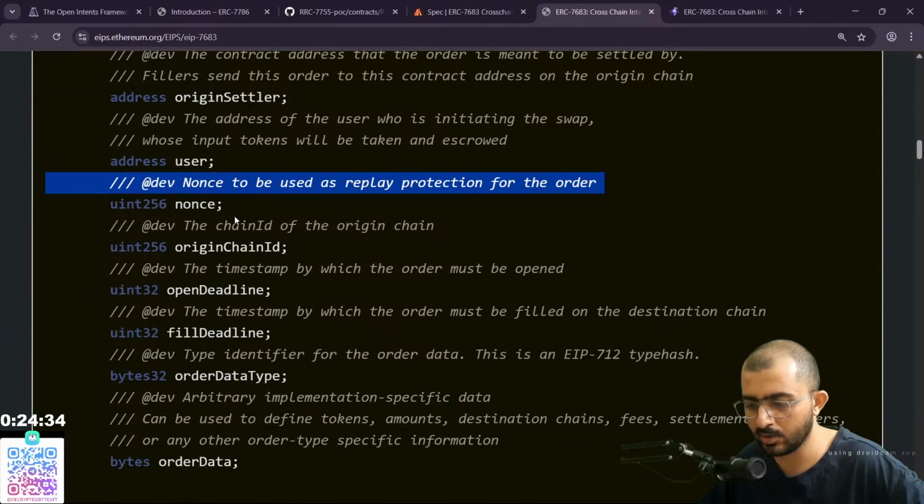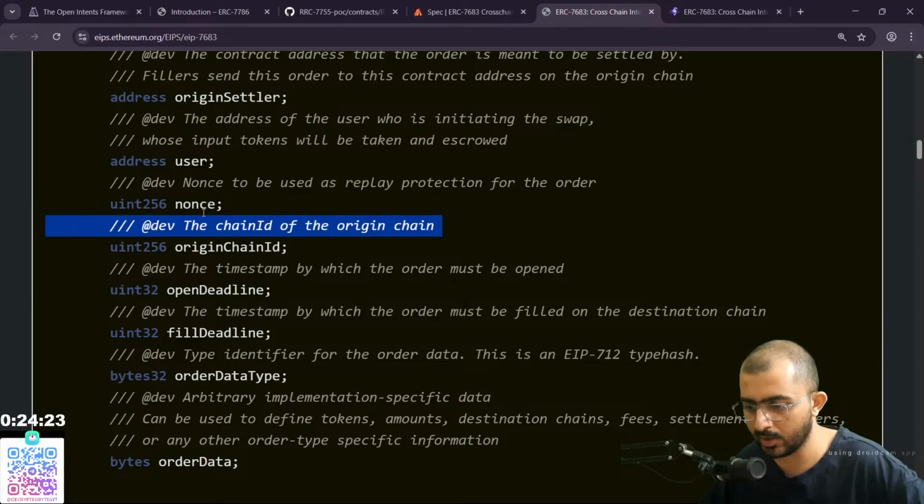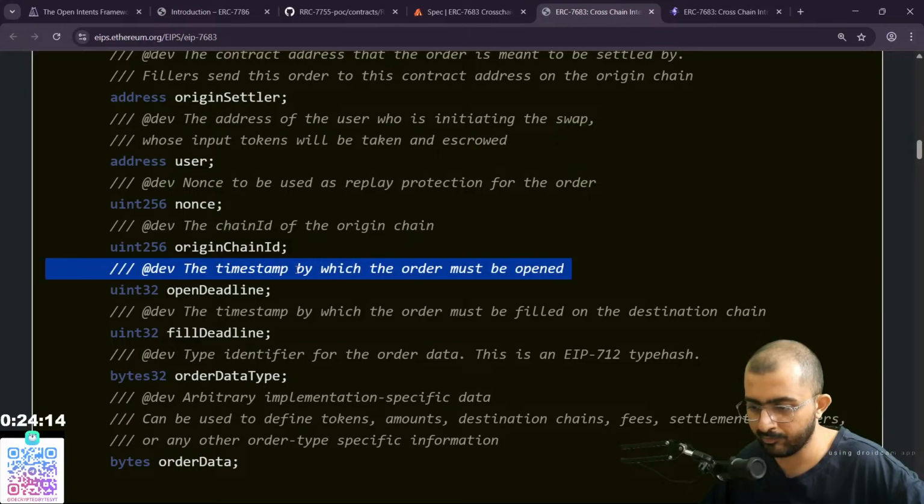Nonce, okay, replay. It's similar to any transaction in EVM. We are preventing the replay attack, and that's why the nonce is used. Chain ID of the origin chain. Timestamp by which the order must be opened. Okay.